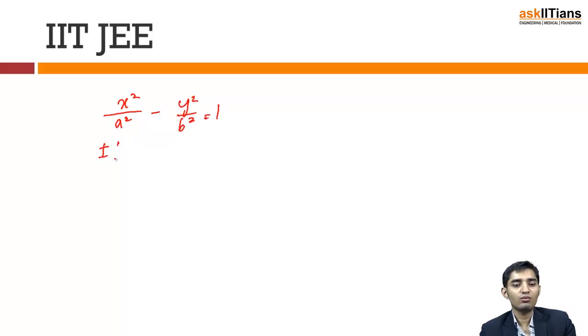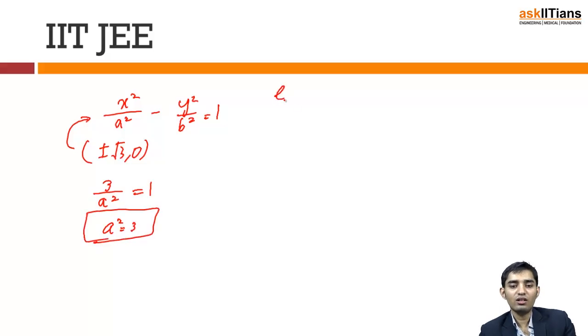Then plus minus root 3, 0 passes through this hyperbola. Alright. So I will put x equal to plus minus root 3 and y equal to 0, so I will get 3 by a square equal to 1. So from here I will get a square equal to 3. And also I have another equation, that eccentricity of hyperbola is 2 by root 3. Okay, so from here I can say that eccentricity of hyperbola whole square will be 1 plus b square by a square.